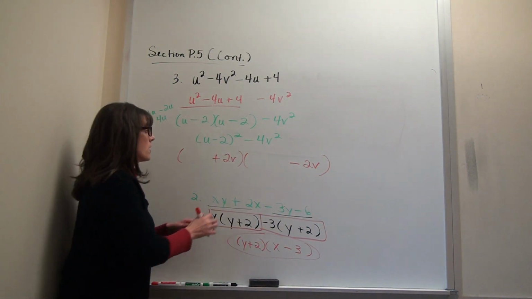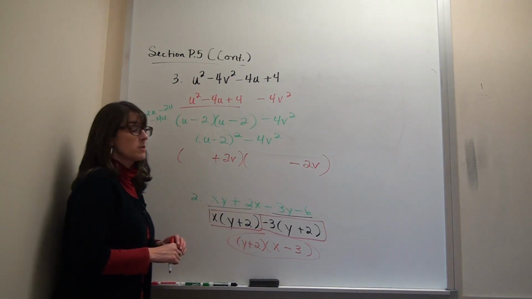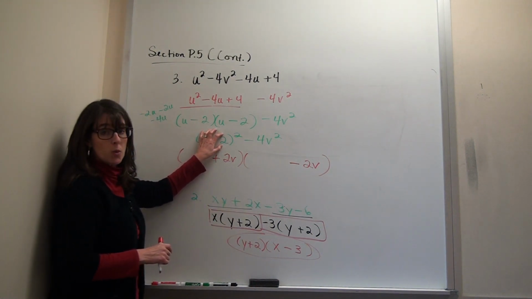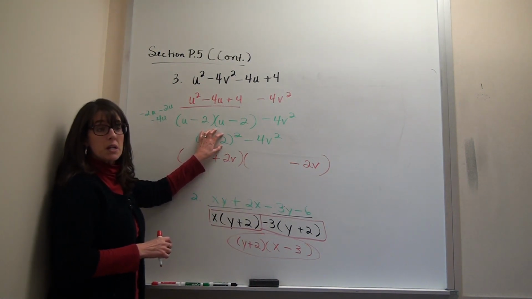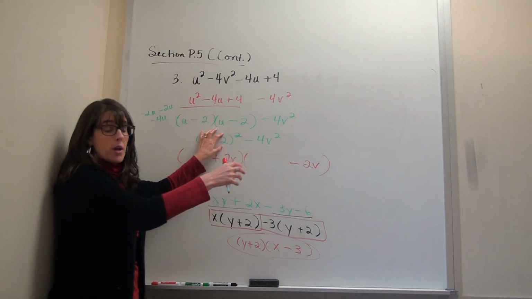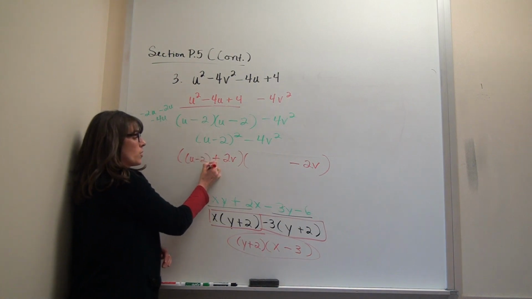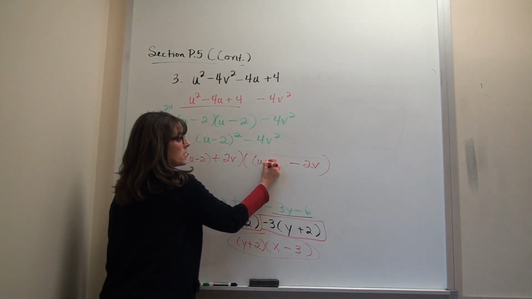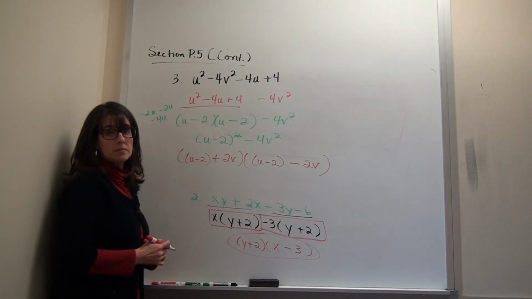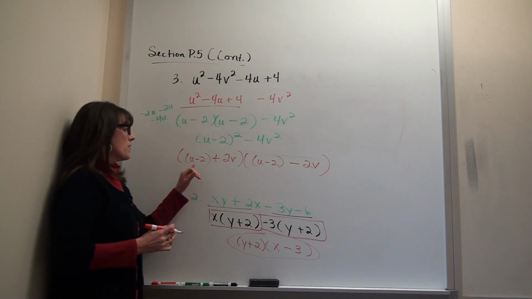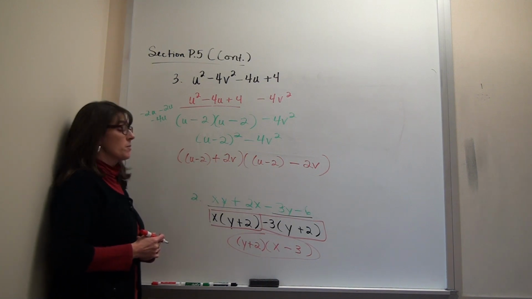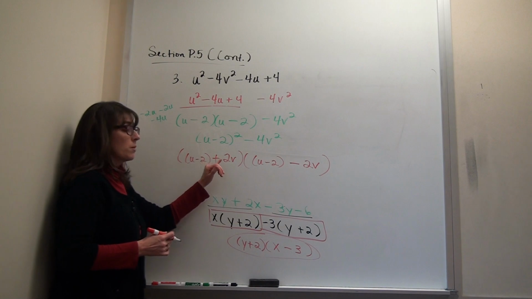Here's where it gets weird. Split this up into the front slots, but remember, it's a quantity squared. So I'm going to split it up as the quantity and the quantity. In other words, parentheses and parentheses. So basically, this u minus 2 will go here, and this u minus 2 will go here. Now then, that parentheses is not really necessary because it's just a u minus a 2 plus a 2v.